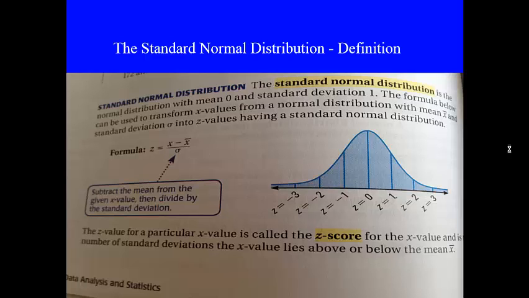So we subtract the mean from the given x value, then we divide by the standard deviation using this z-score formula. The z value for a particular x value is called a z-score.